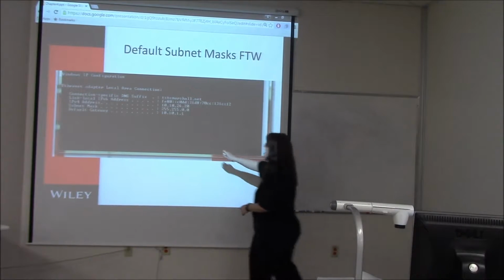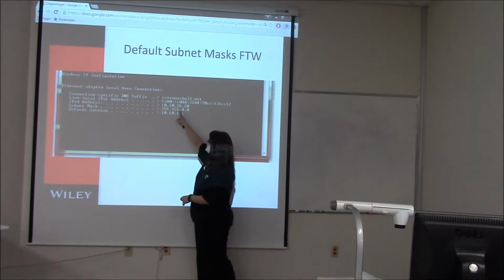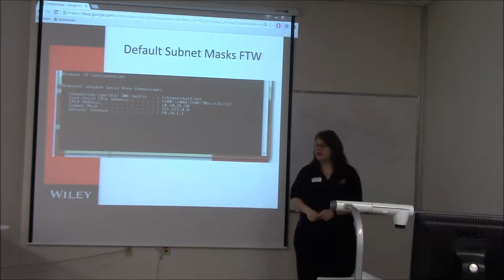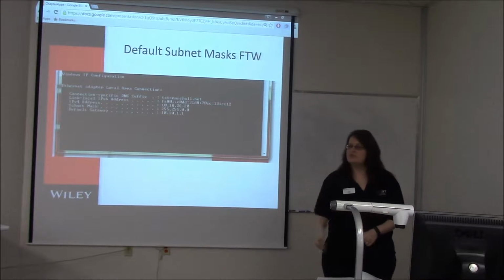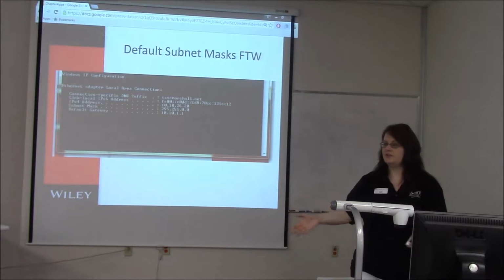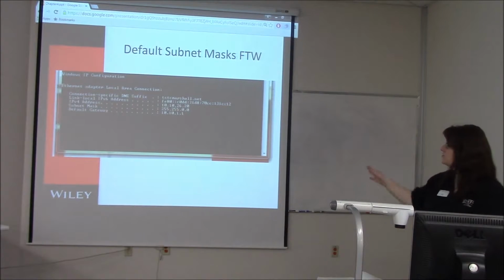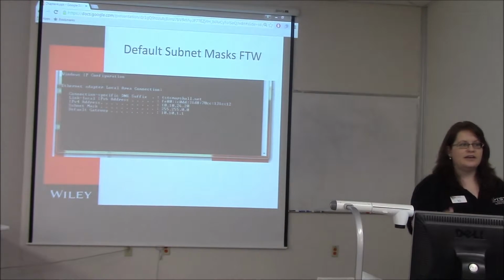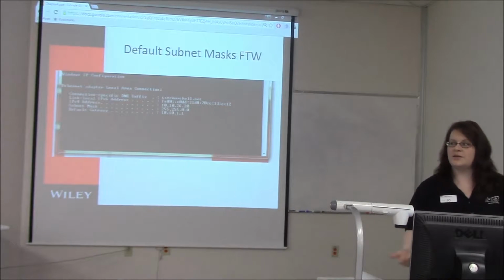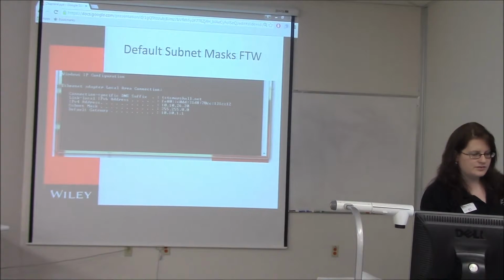But my subnet mask here is 255.255.0.0. So is my computer on a network that's subnetted? Yes, it is, because it's not the default. It's something else. So that's how we can look at IP configurations and see if this is on something that's subnetted or not.